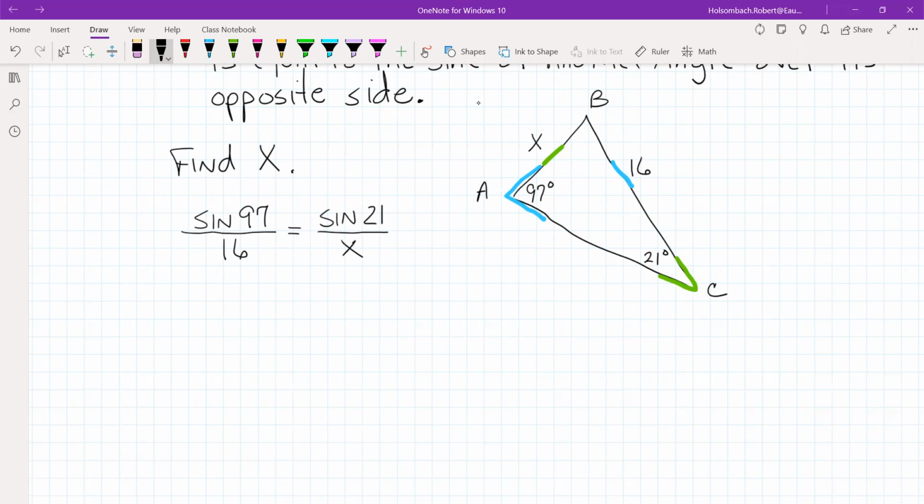So now we've been doing proportions for a while, so we're going to crisscross multiply. So sine 97 times x is sine 97 x is equal to 16 times sine 21.